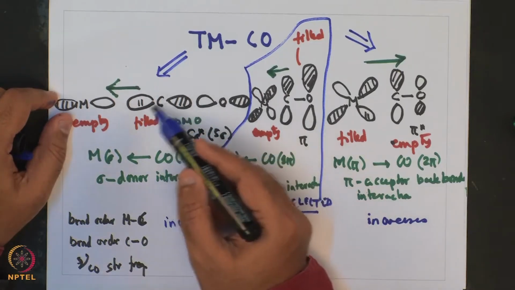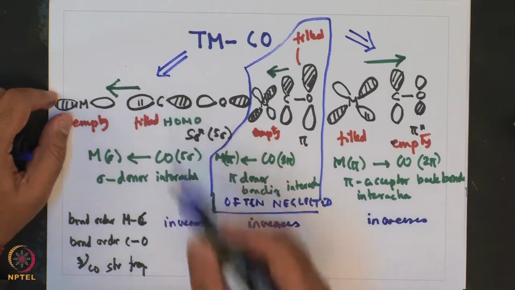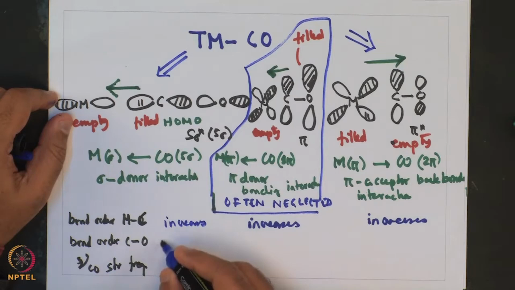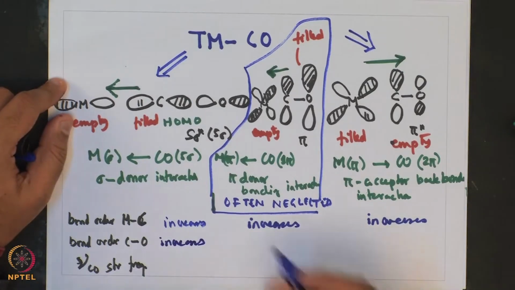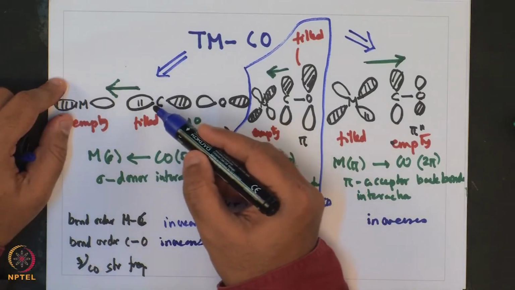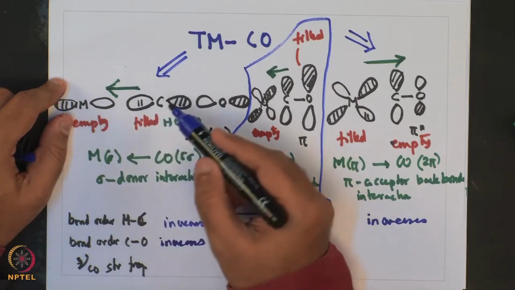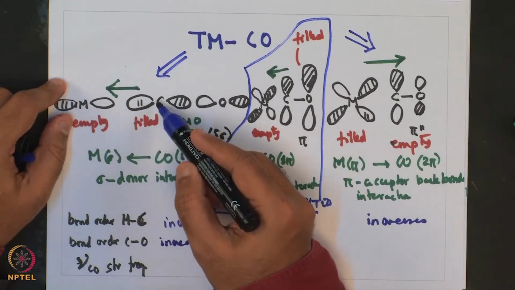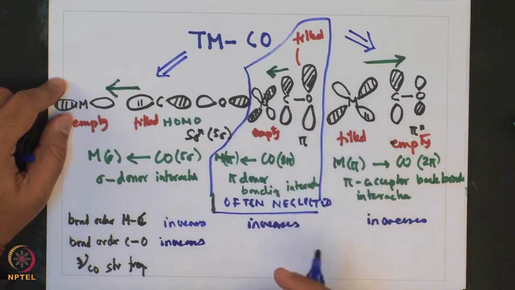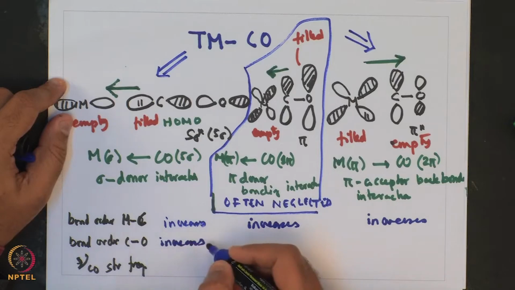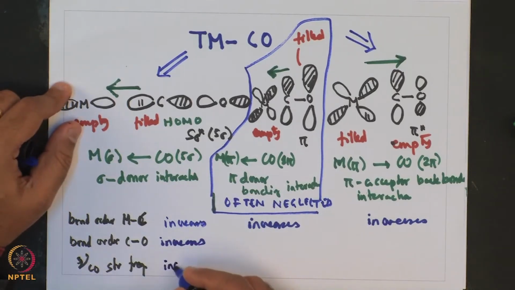For example, in the forward sigma donation, the CO to metal sigma donation, the CO bond order also increases, and that is because when the electron density is moved from carbon onto the bonding region, carbon develops a positive charge, and the CO bond is now more tightly held. As a result, the CO bond order increases and the stretching frequency of CO also increases.